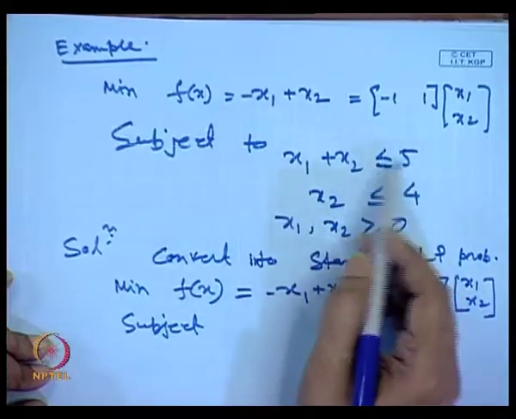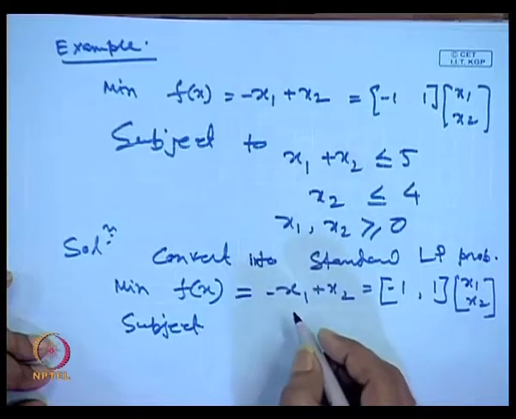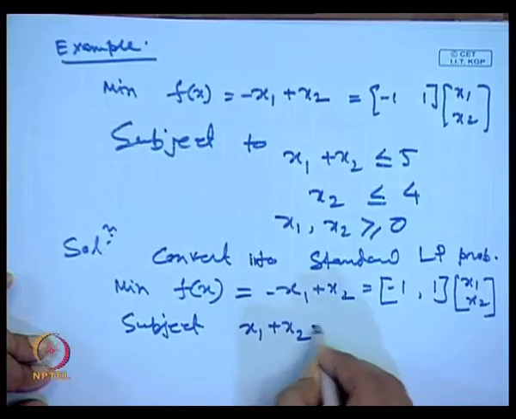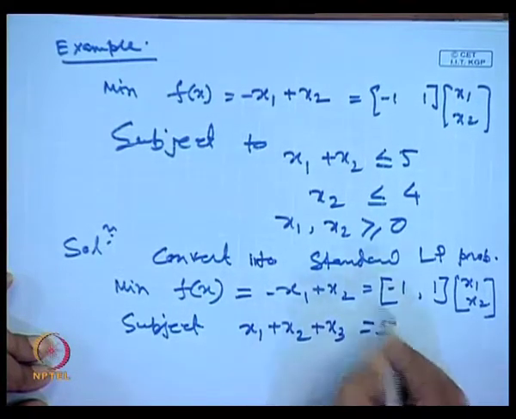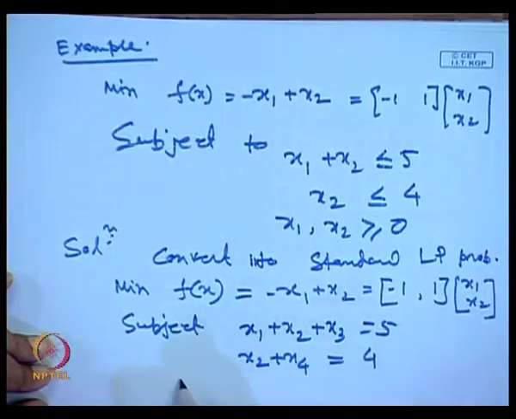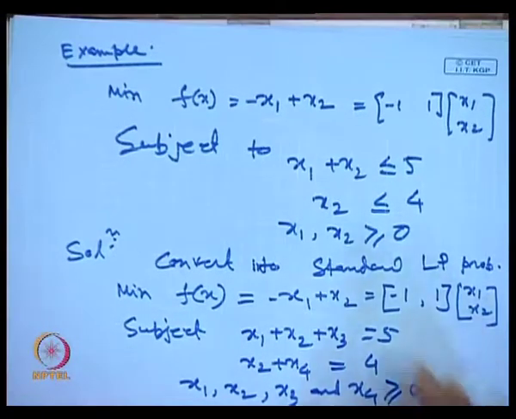So, this quantity is less than 5, that means we have to add slack variables. Let us say we add slack variables x3 so that x1 plus x2 plus x3 is equal to 5, and x2 plus x4 is equal to 4. So, x1, x2, x3 and x4 are greater than or equal to 0.